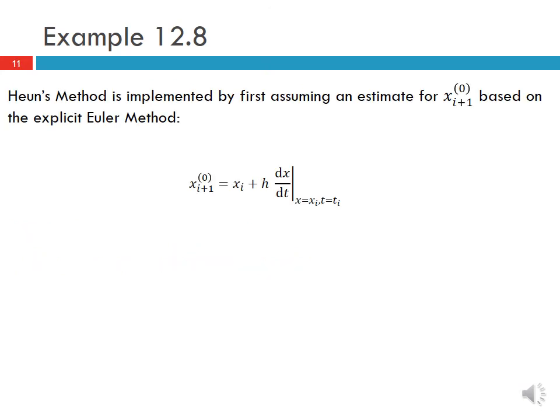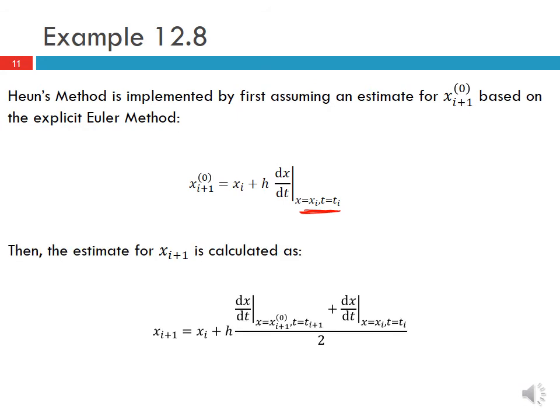Heun's method is implemented by first assuming an estimate for x_{i+1}^(0) based on the explicit Euler method, so we're evaluating our dx/dt at what we already know, x_i and t_i. And then our next estimate is calculated as the average of the slope at this x_{i+1}^(0) and x_i.